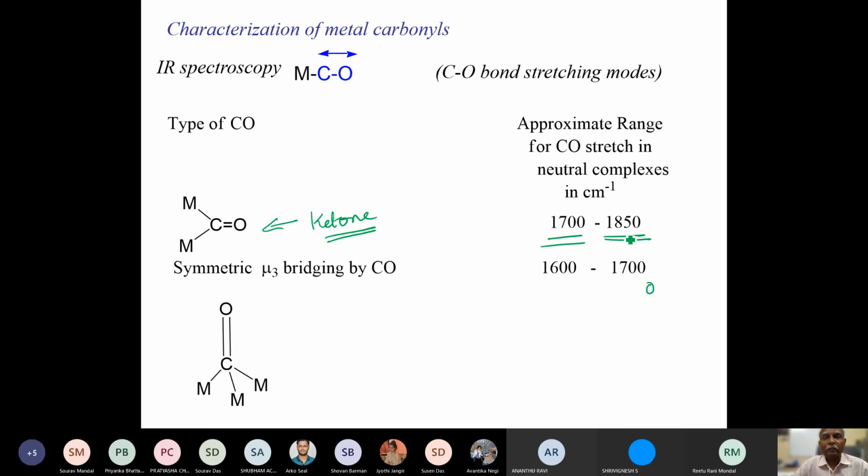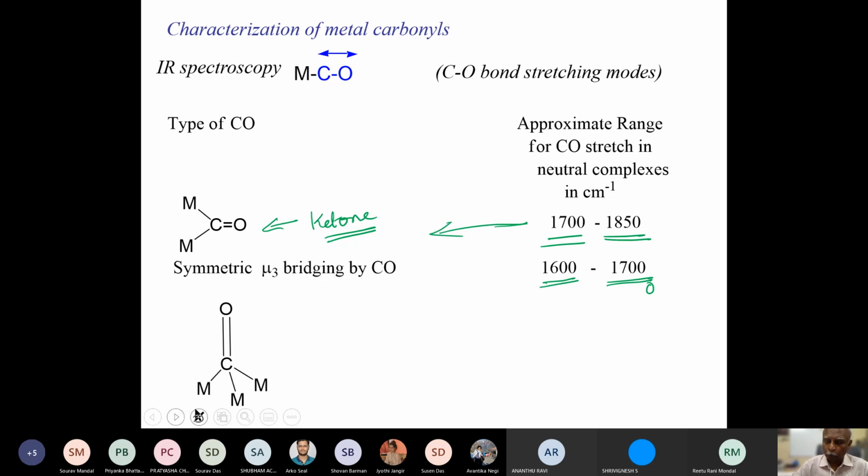I have rounded off these figures. In some books, you would find slightly different numbers, but I suggest that you remember round figures. Round figures are sufficient. You do not have to remember the exact number of the stretching frequency, between 1700 and 1850 for a di-bridging or a ketonic type carbon monoxide, which is pictured here.